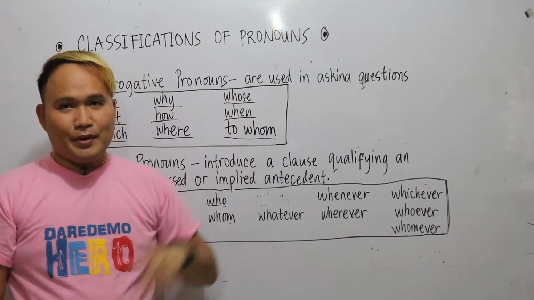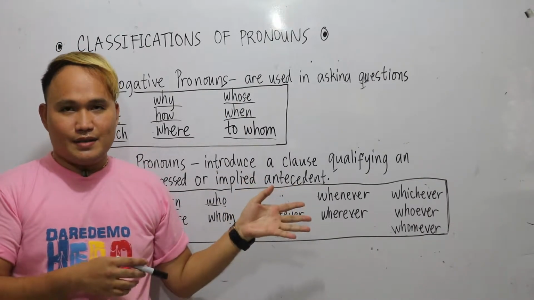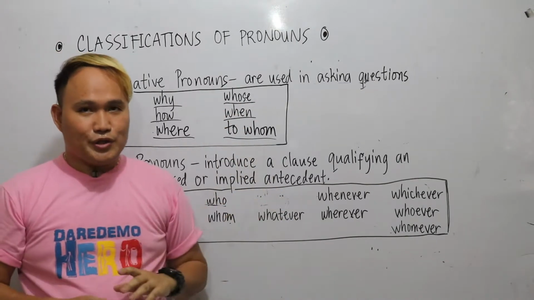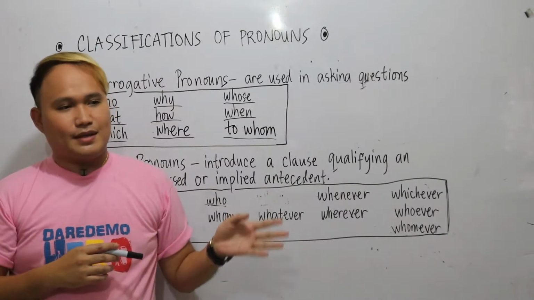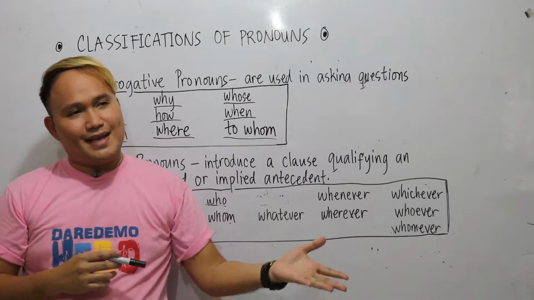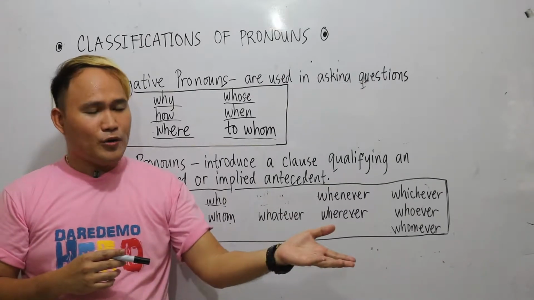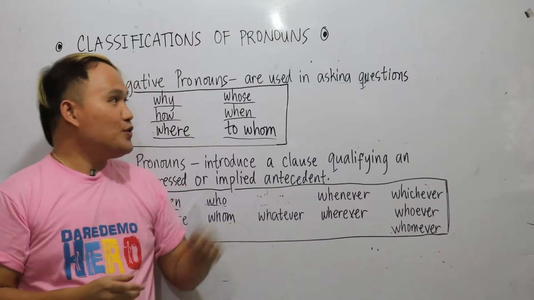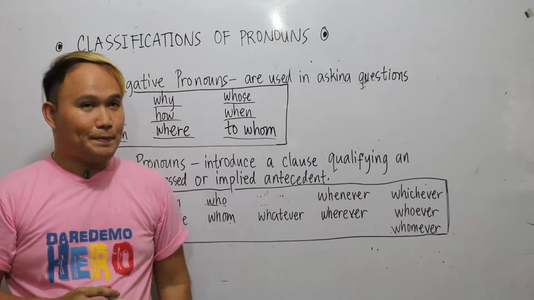Next, whose. Like what we discussed in my previous video, whose denotes ownership. So you might ask, whose ball pen is that? Because I want to borrow that pen. You use whose if it denotes ownership.